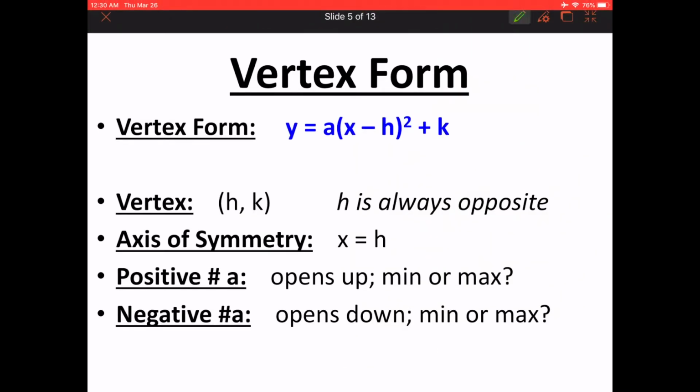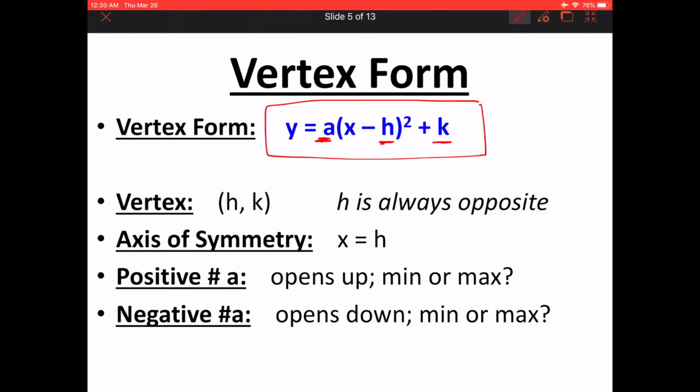Which brings us to vertex form. Vertex form might look a little complicated. This is what we consider vertex form: y = a(x - h)^2 + k. But it gives us a lot of really useful information about the parabola. These letters, a, h, and k, all represent numbers.